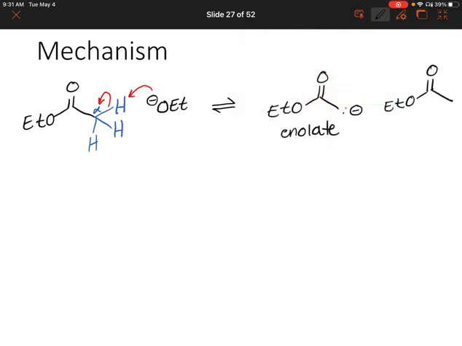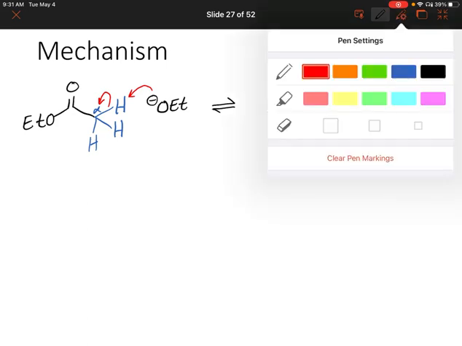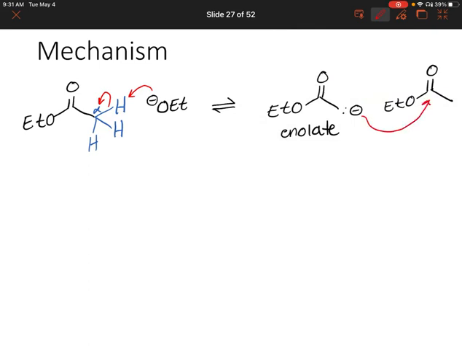the same ester that we had before. So this is just another ester molecule that's in solution. And we're going to attack the carbonyl carbon. And that's going to give us the following.